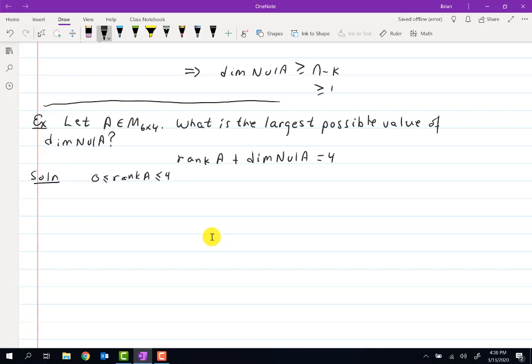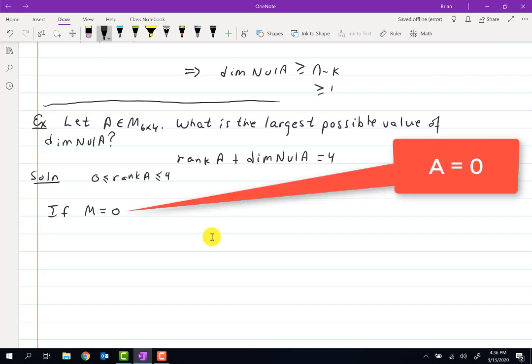So the rank of A really is always going to be at least 1. If I say it's a non-zero matrix, that changes things. So if A is the 0 matrix, I don't know what kind of notation to put for that, then that's when we get the largest possible size of the dimension of the null space, and it will equal 4. But anything else, of course, is just going to take away from that.